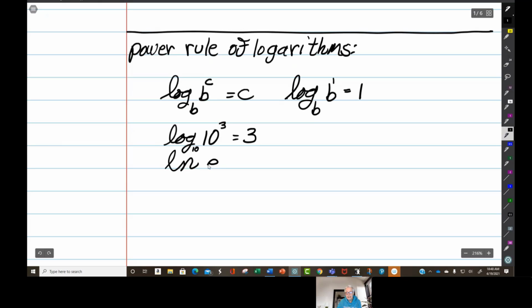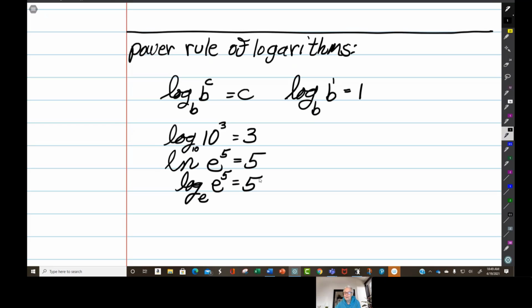And the ln of e to the 5 is 5. Why? Because this is log base e. That's what ln is. Log base e of e to the 5 is going to be 5. And remember, e is a number that's about 2.7.